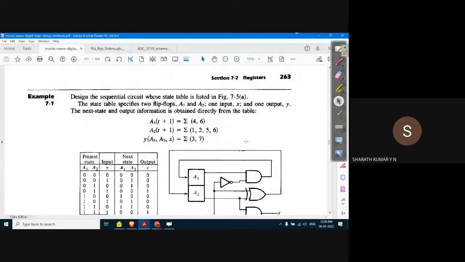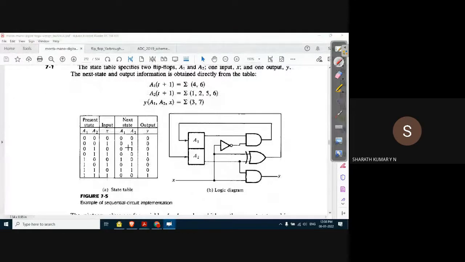Okay, sequential circuit in a state diagram. What does this state table represent? It has present state and the input applied. First look at the diagram. Of course, actually we have to design this. Here it is. It has two sequential circuits, A1 and A2.